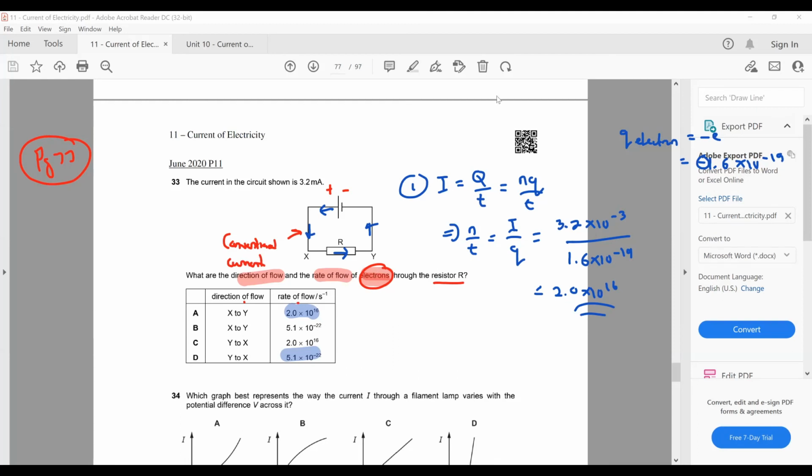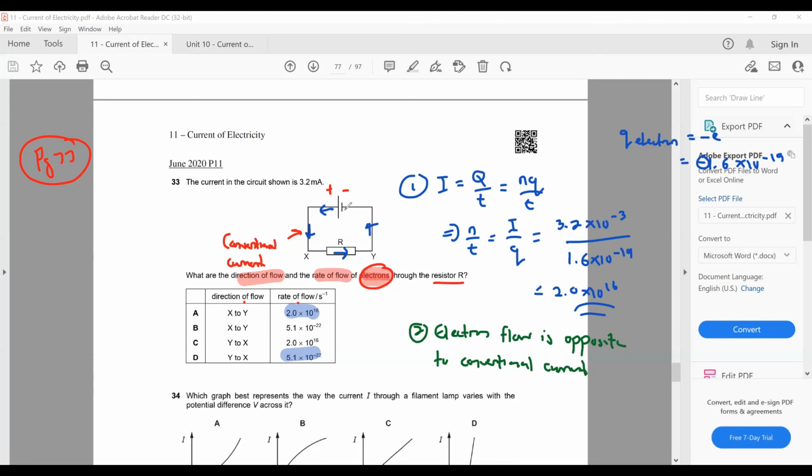One of the first things I mentioned to you is that electron flow, which is a negative charge, is always opposite to conventional current.